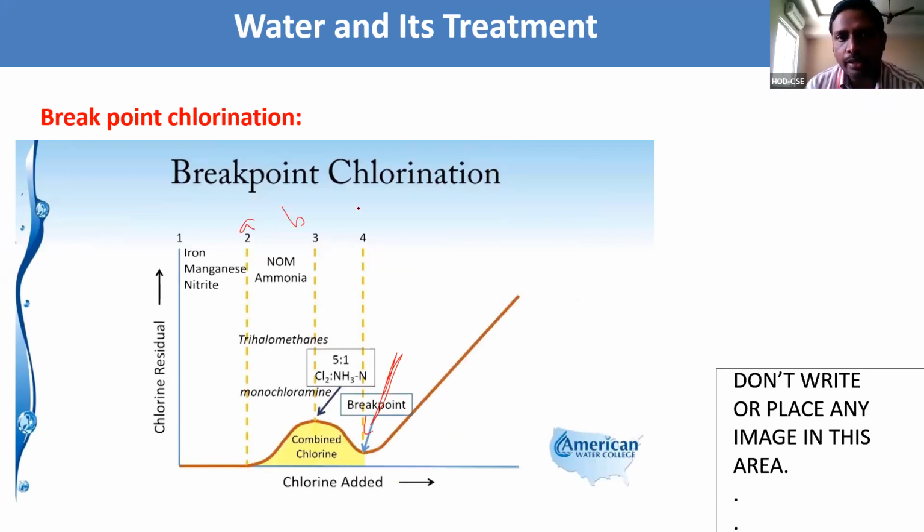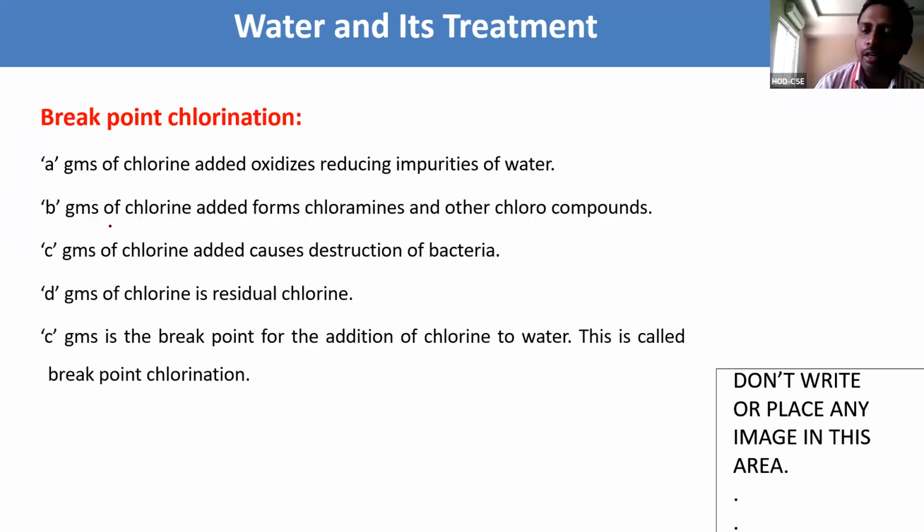Here A, B, C. If A grams of chlorine is added, it oxidizes impurities present in the water.